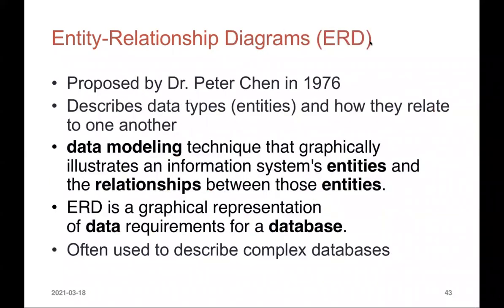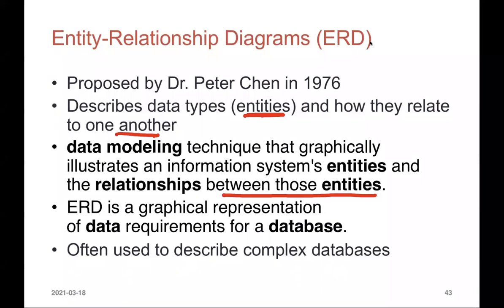The entity relationship diagram was proposed in 1976 by Peter Chen. It described entities of data and how they relate to one another. It is considered a data modeling technique that graphically illustrates an information system's entities and even the relationships between those entities.